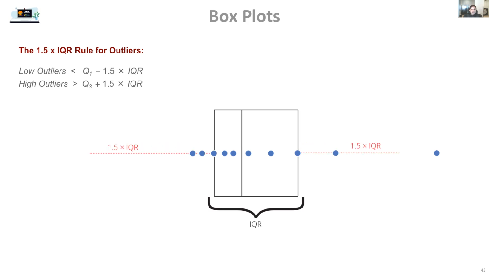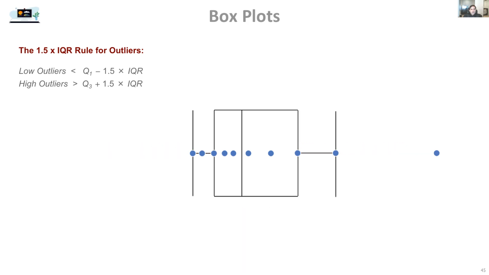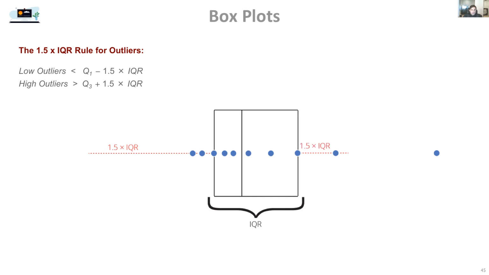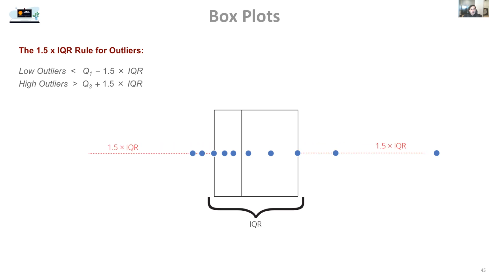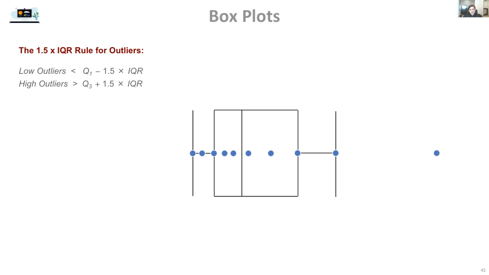Every box plot has lines at Q1, Q2, and Q3. The other major feature of a box plot is its whiskers, which can be drawn using a few different methods. One method to draw the whiskers is to first calculate the interquartile range, or IQR, which is the distance between Q1 and Q3, as we discussed a few slides ago.